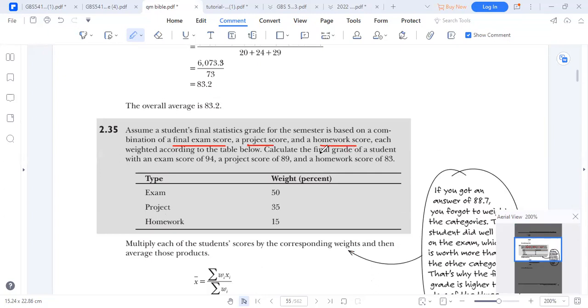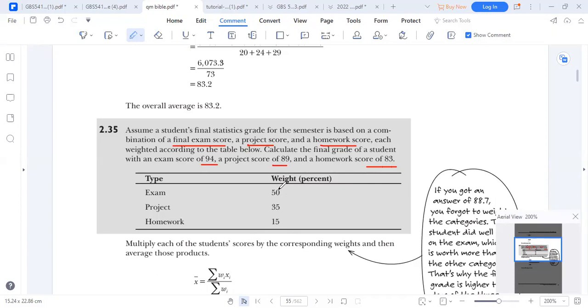Calculate the final grade of a student with an exam score of 94, a project of 89 and homework of 83. I can do this in 2 ways.